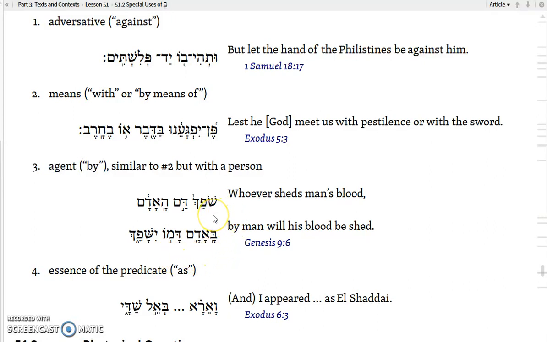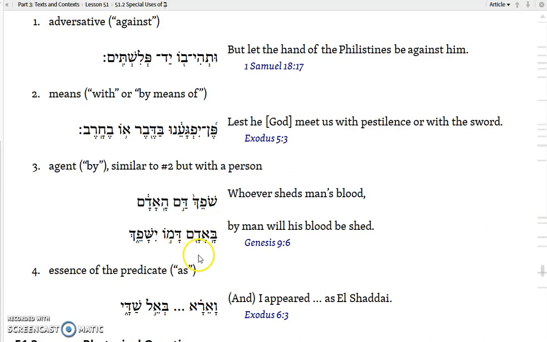Another possibility is to take the bet as another usage in terms of price. The one shedding the blood of a man, for the value of that man, his blood will be shed. Again, that could make unclear whether the agent is a human being or whether it's God that does the shedding of blood.